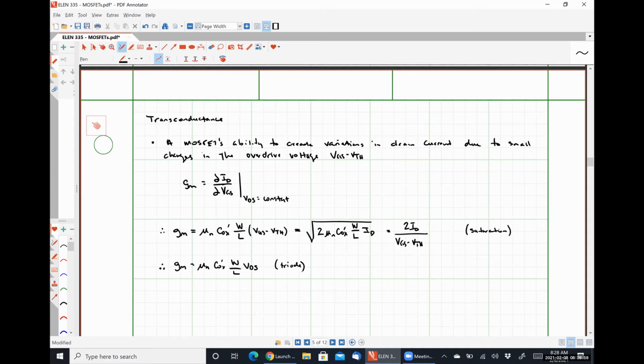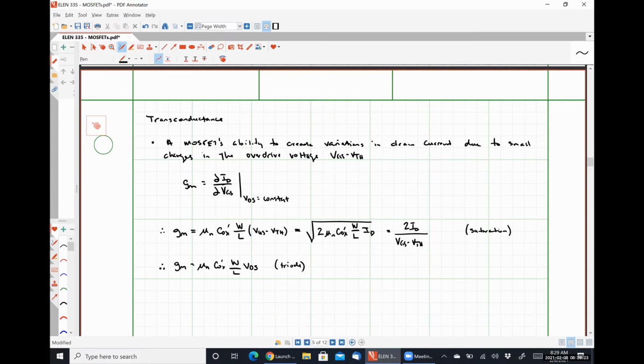And typically speaking, the transconductance is much larger in the saturation region than in the triode. So if we're going to use a Mosfet transistor in an amplifier circuit, we overwhelmingly want them to be biased in the saturation region more so than the triode region.